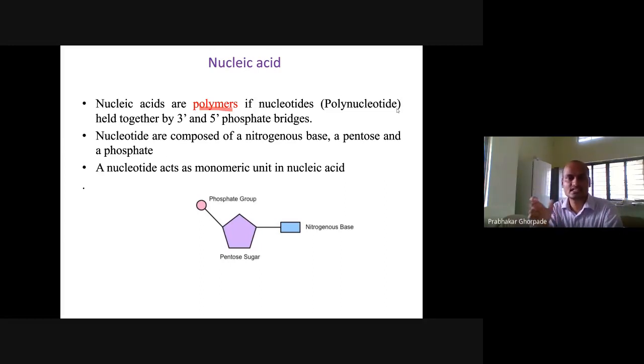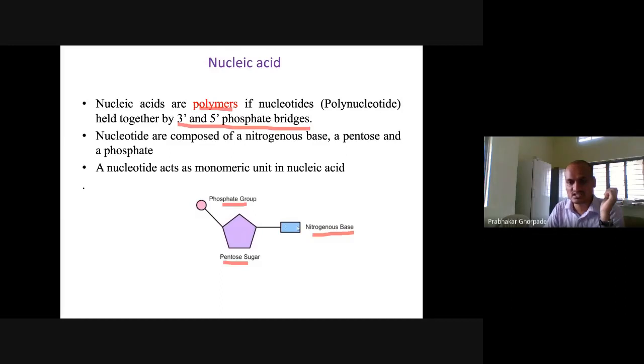These nucleotides join together to form the polynucleotide, held together by 3' and 5' phosphate bridges, which hold two nucleotides together. The nucleotides are composed of a nitrogenous base. This is a simple nucleotide structure: nitrogenous base, pentose sugar and phosphate group. Just for revision, we have the pentose sugar here.